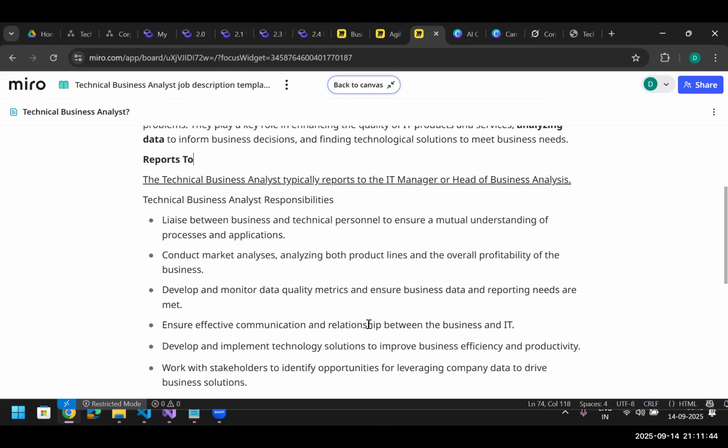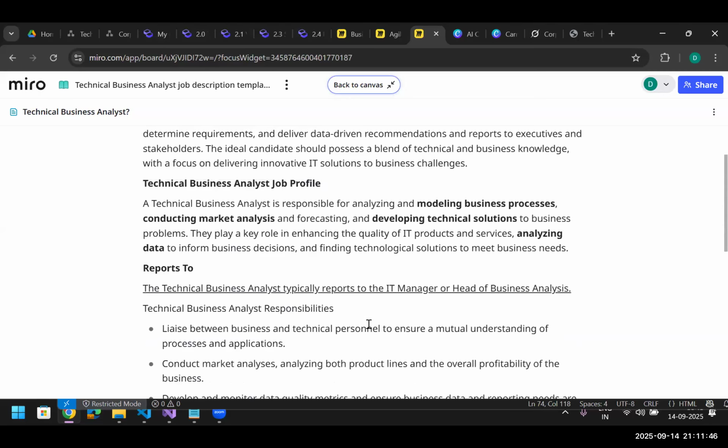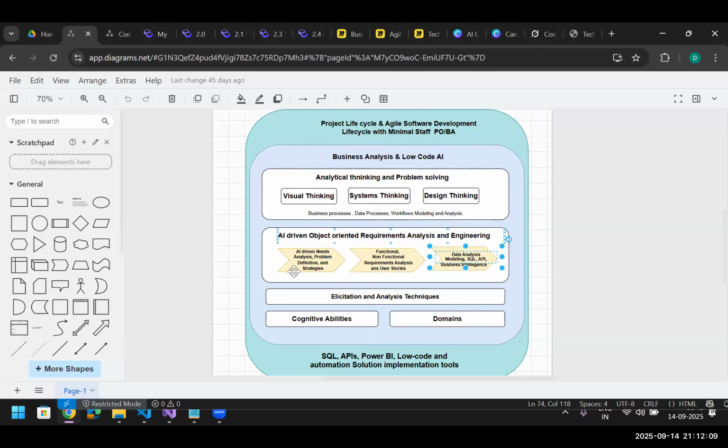Now, what I'm walking through is a real-time job description, based on which we made this structure: within the project, how as a business analyst I make use of AI and leverage my cognitive abilities like visual thinking, system thinking, and design thinking.